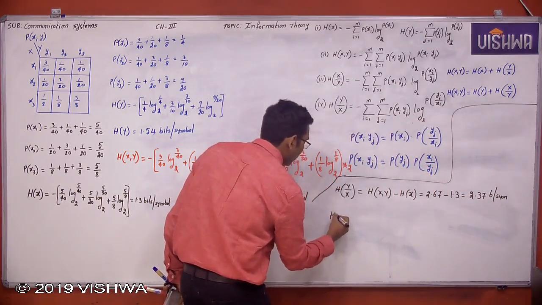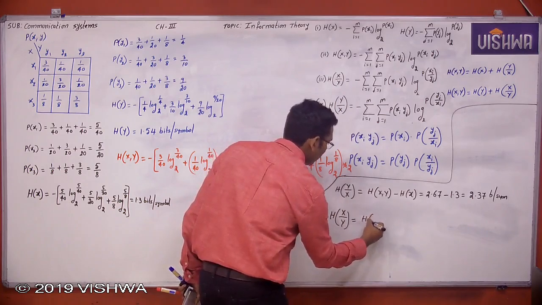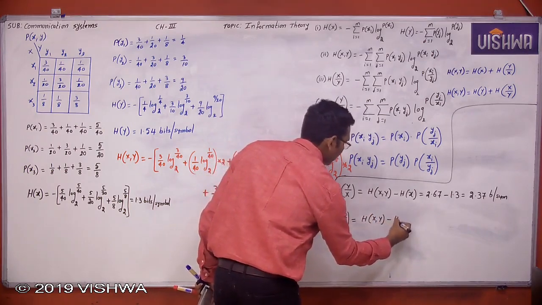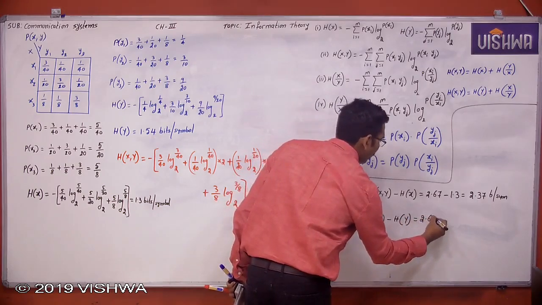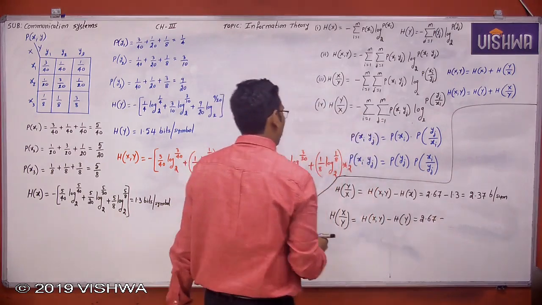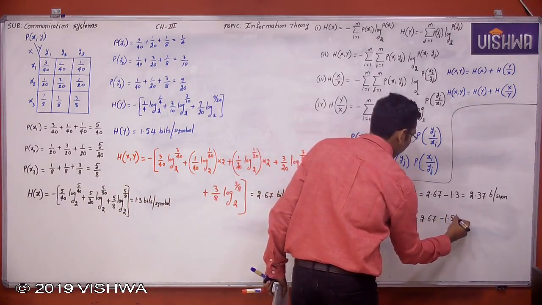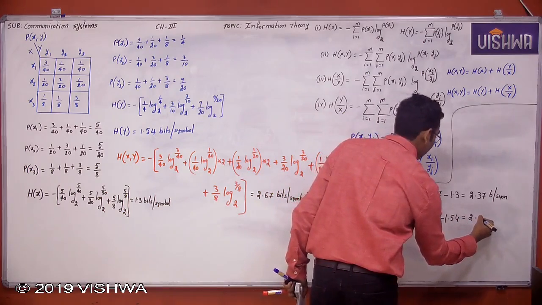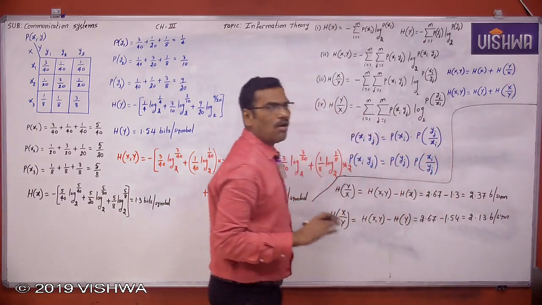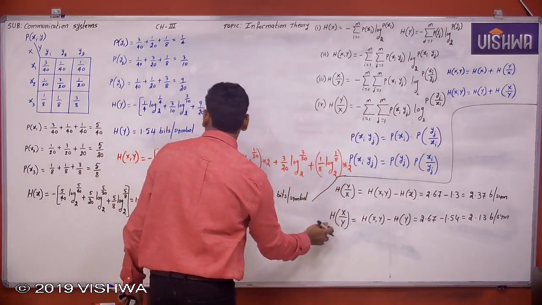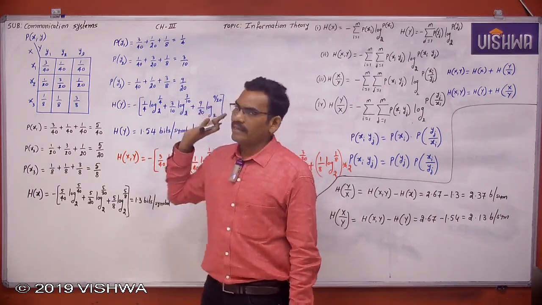Now the conditional entropy of source x, which depends upon y, is equal to h of x comma y minus h of y. We already have the joint entropy, 2.67, minus the entropy of source y, which is 1.54, which is equal to 2.13 bits per symbol. Now all the entropies are available: conditional entropies, joint entropy, entropy of source x, and entropy of source y.